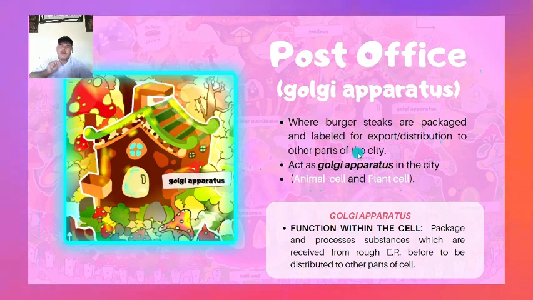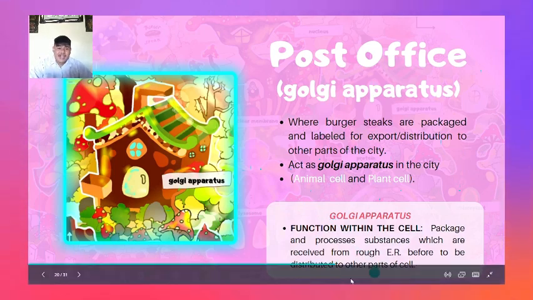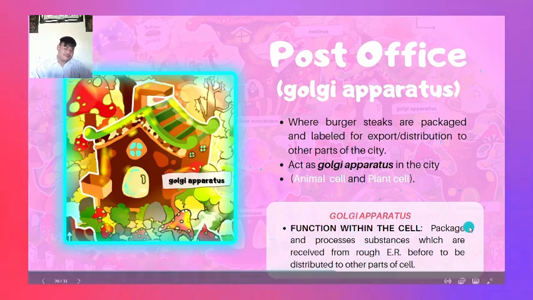The post office and the Golgi apparatus are both related with each other because the function within the cell of the Golgi apparatus is to package and process substances which are received from the rough endoplasmic reticulum before being distributed to other parts of the cell.